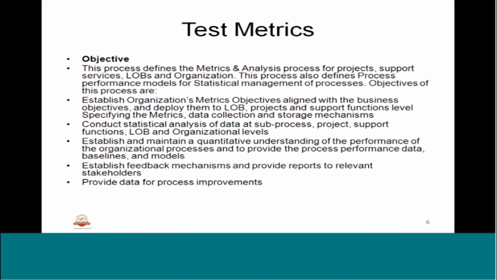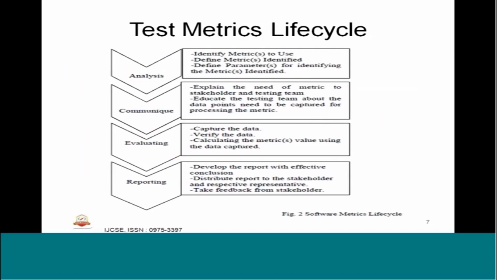Likewise, we also have test metrics for life cycle analysis: identify, define, communicate, evaluate, and report. We identify and define the metrics, then communicate how they should be entered and how they should be used. With the help of that, we evaluate after capturing and verifying the data, with metrics calculated using some formula on the captured data.